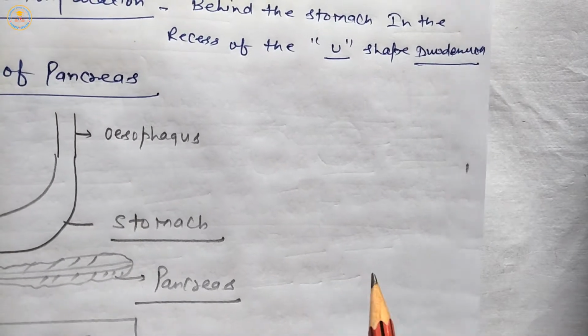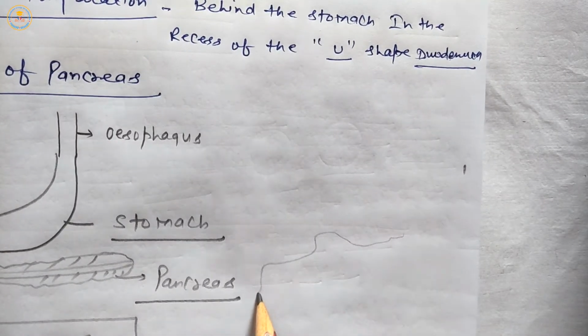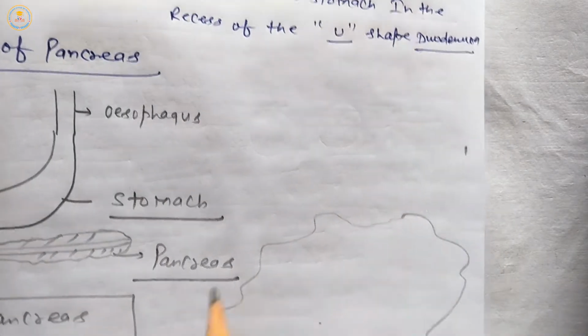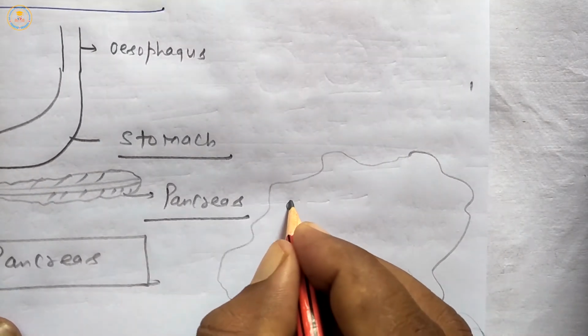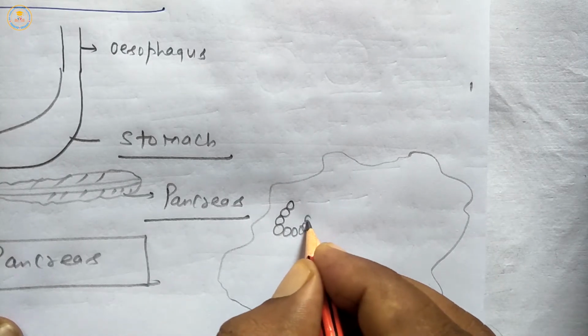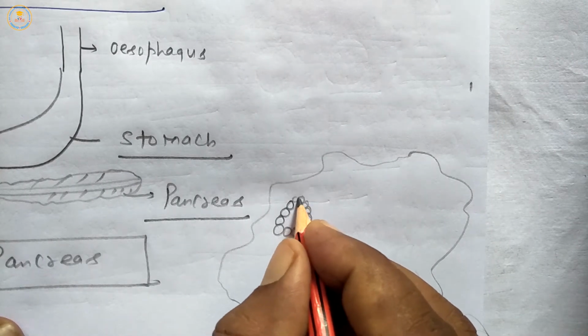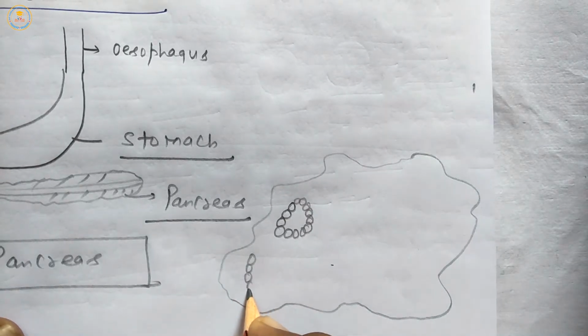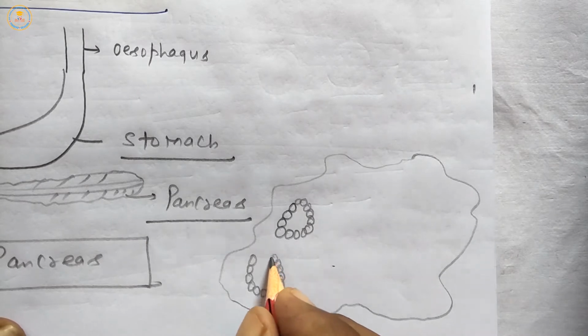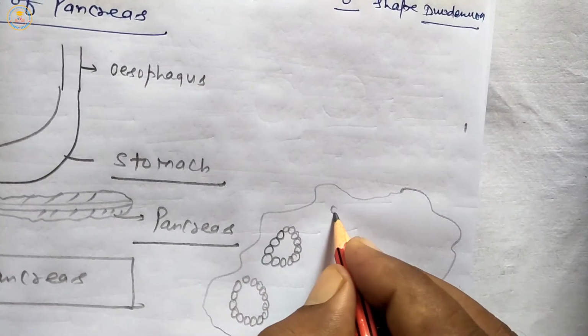Next is the figure of islets of Langerhans. Students, pancreas behaves as both exocrine and endocrine.